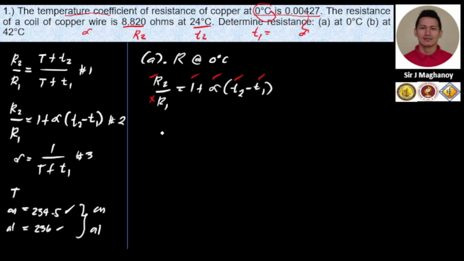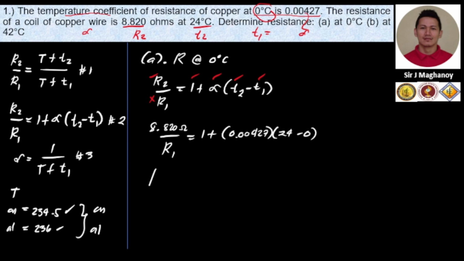Okay, so let's substitute the given. We have 8.82 ohms all over our R1, which is our unknown, equals 1 plus our temperature coefficient, that is 0.00427, times our final temperature, that is 24 degrees Celsius. Our initial is 0.